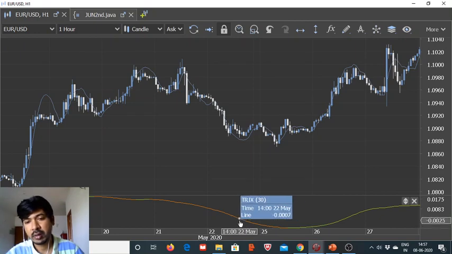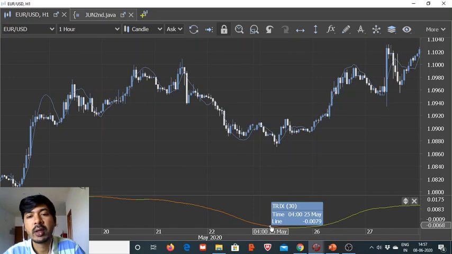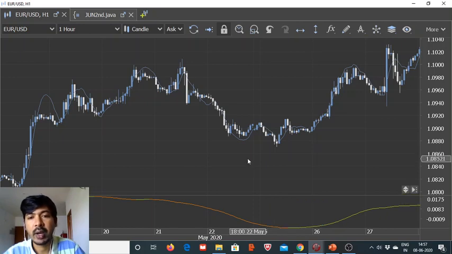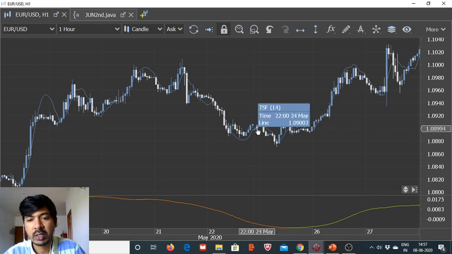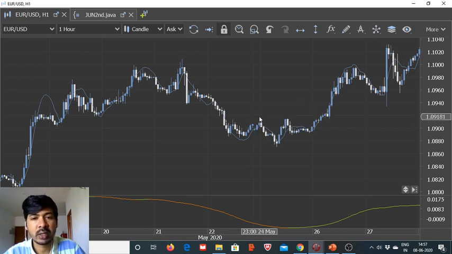Here it was way back in the third week of May. We had these TRIX values in negative territory for quite some time, and then I think we might have got some trading opportunity somewhere here, but we don't really have the closing below the TSF.